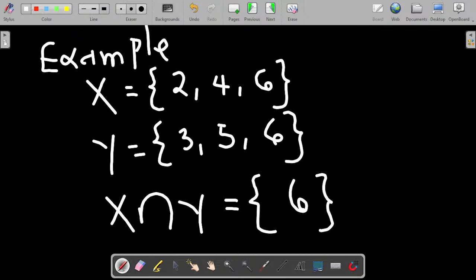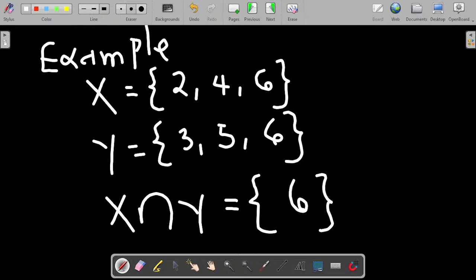Singleton set. No, it's singleton set. That's what I mean. You can see it has only one element. So they can ask you what type of set this is, and you just say it's a singleton set.